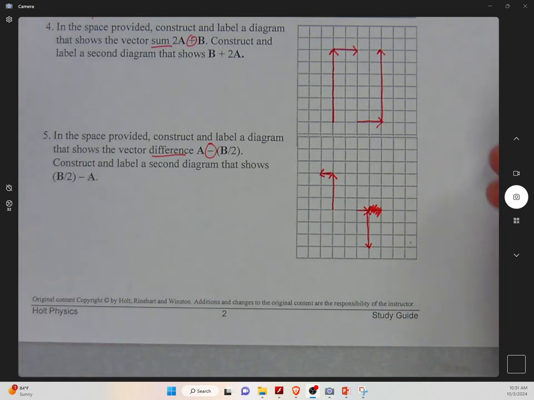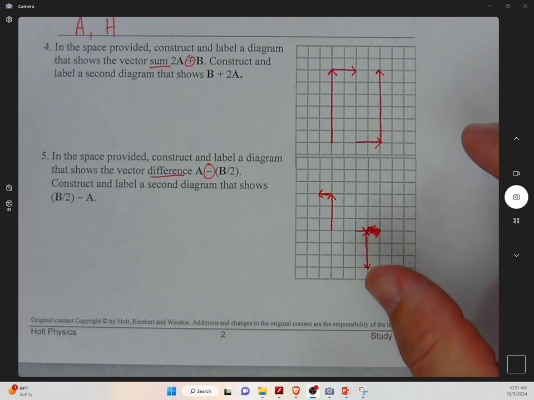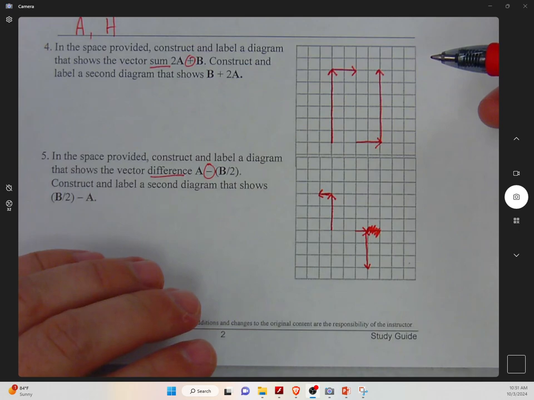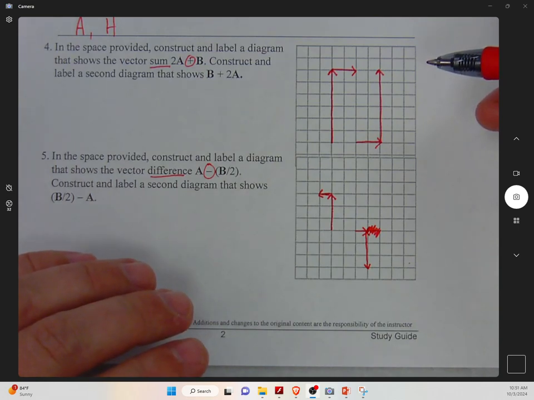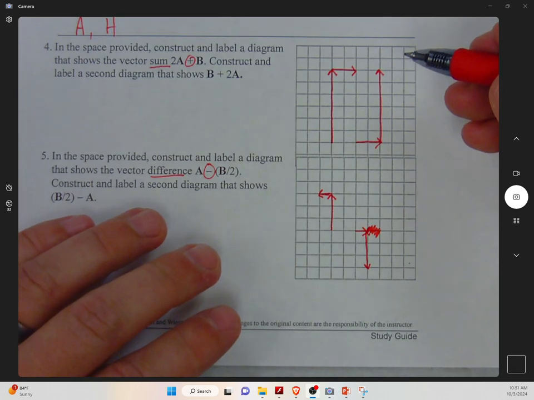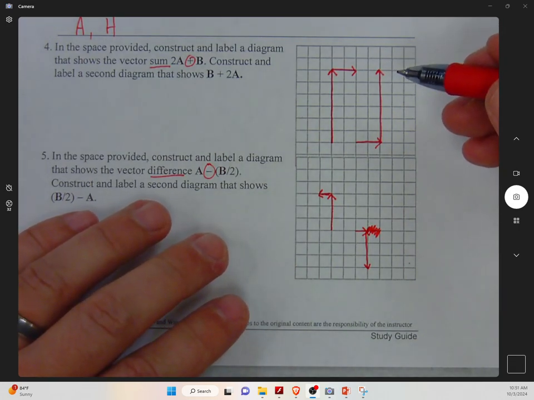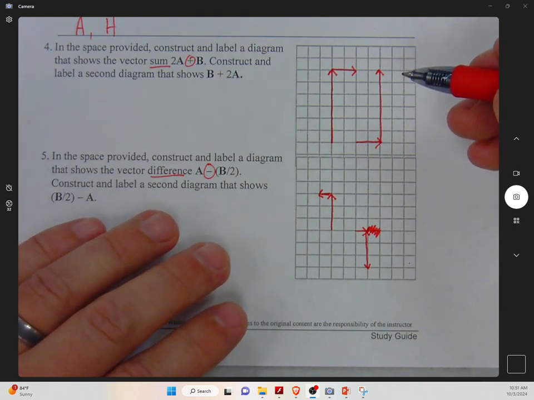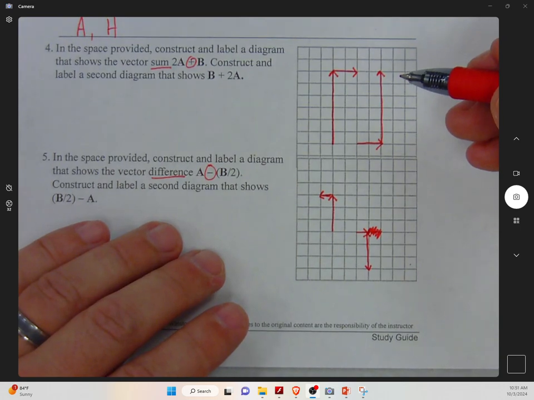Now, the big takeaway for both 4 and 5 is what you guys already mentioned, is that you end up in the same place. There's a special word that we're going to start using, and it's resultant, right? The resultant is the same for both of them. Resultant is a vector word that means the same thing as hypotenuse, right?